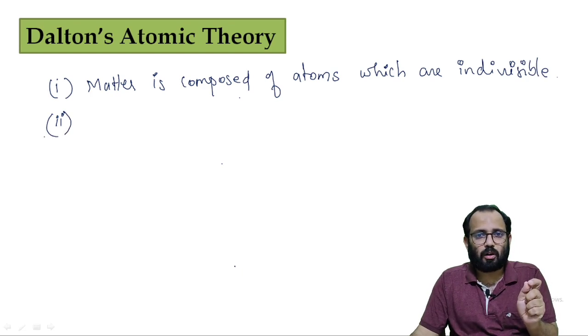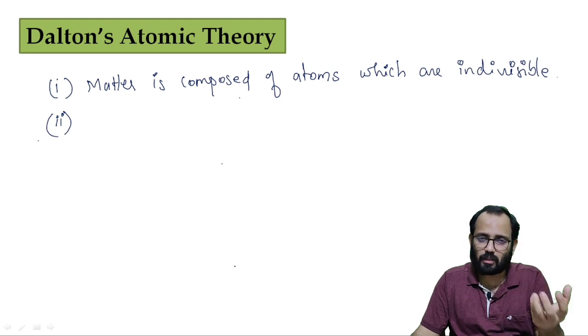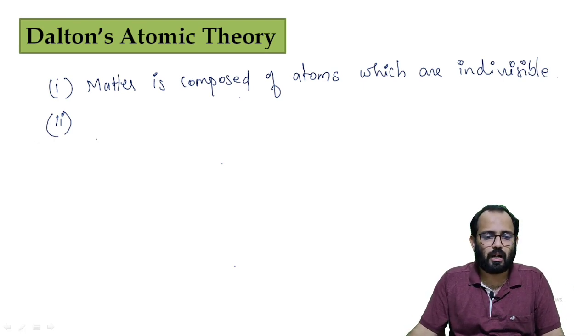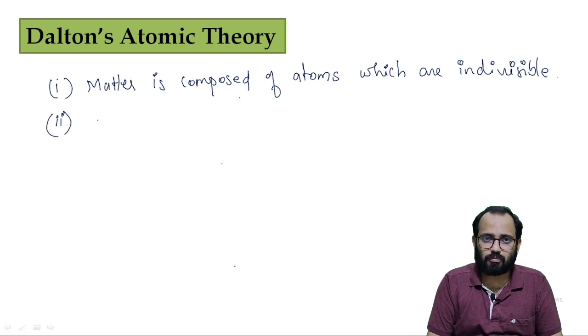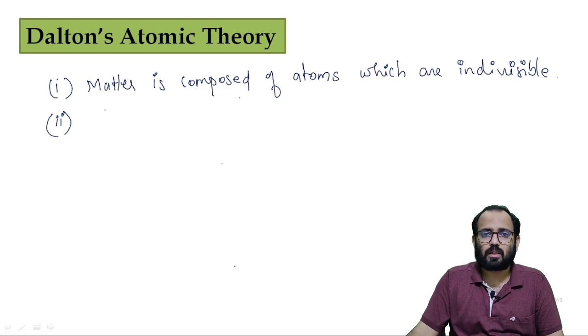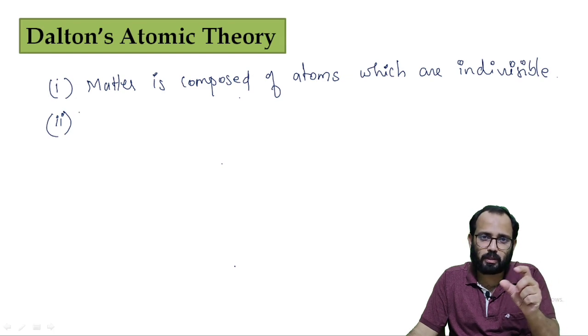All atoms of one particular element will have the same properties and the same mass. Atoms of different elements will have different properties. Then atoms combine to form molecules in a particular ratio.